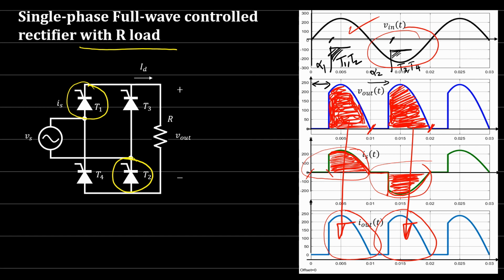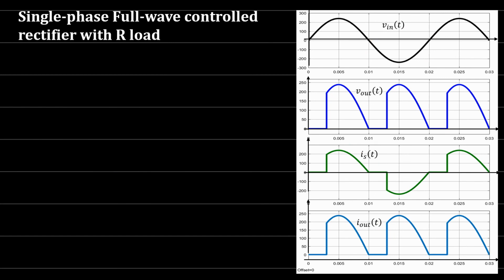Now, if we try to find the voltage on the output here, we care about the average voltage of these portions. So V out is equal to how much?